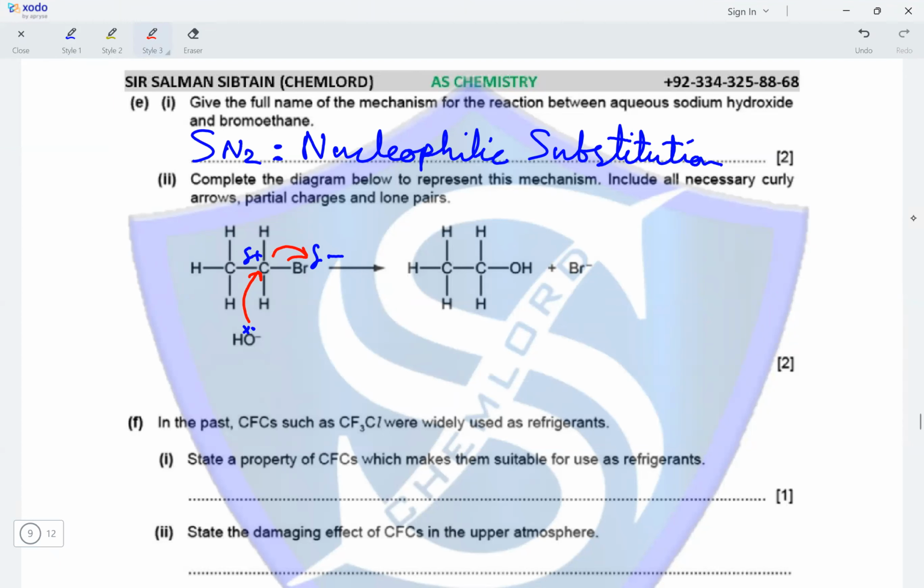And once we have the oxygen forming a bond with carbon, the bond between carbon and bromine would be completely broken, resulting in the formation of an alcohol from bromoethane, and the alcohol would be ethanol. And this is the requirement for the SN2 nucleophilic substitution reaction for bromoethane to be converted into ethanol.